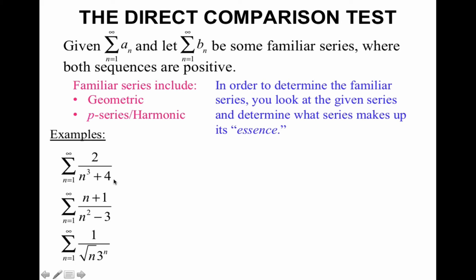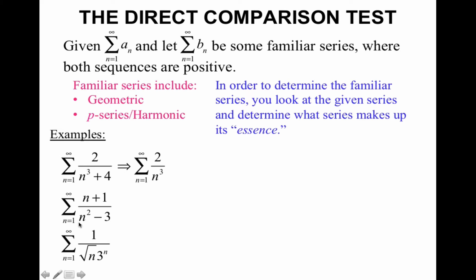And if we were to just isolate part of this sequence, its essence would be this 1 over n cubed. Or we could use the 2, which doesn't really matter. So we say that that would be our familiar series that makes up our starting series' essence.